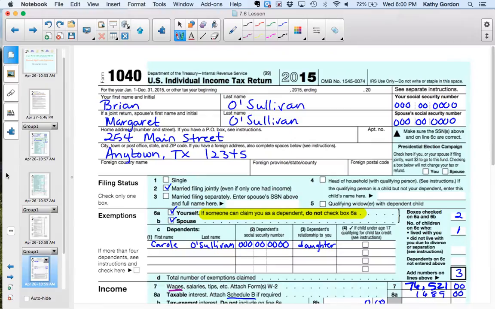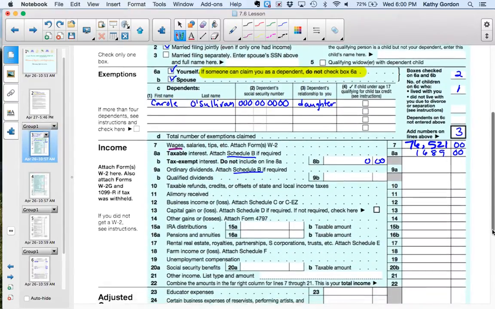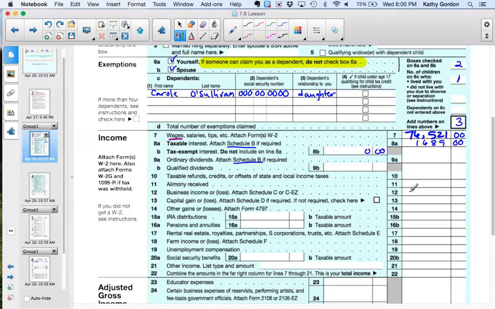So we go back, line 9A, and there's our $1,644. Okay, 9B is talking about qualified dividends. We don't have any information about that.